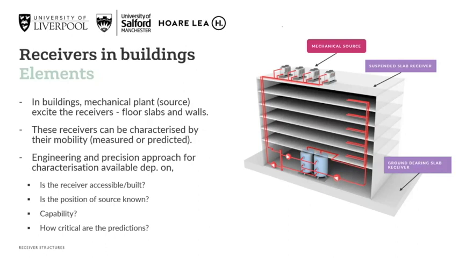And also, how critical is your overall end prediction? Is it a very critical facility, or is it a general facility where the criteria is not as critical? So all these factors amount into whether you want to go through a predictive route or a measurement-based route.